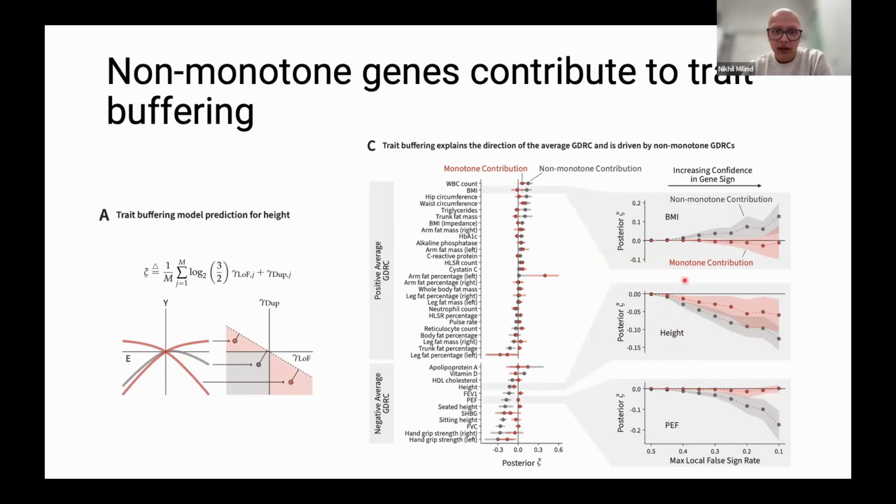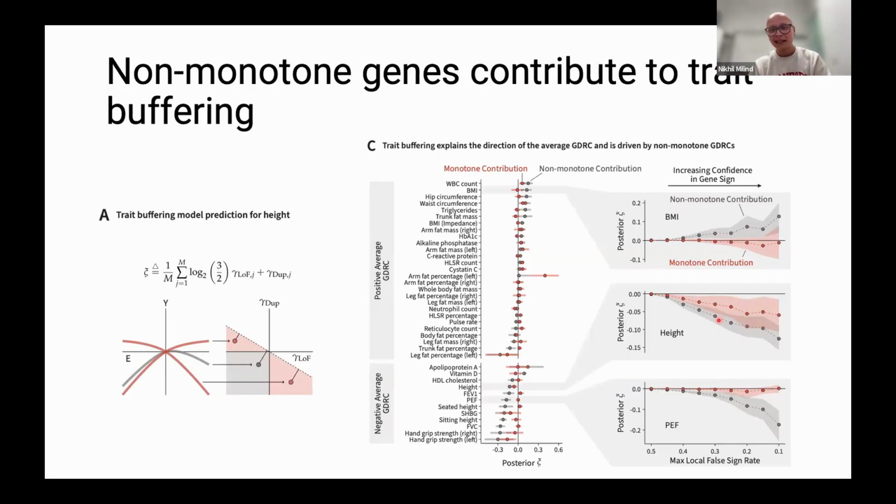So as we go along this graph, we're getting increasingly confident in the sign of the gene. And so you can just think of this as increasingly stringent significance cutoffs. And here I'm decomposing the signal into monotone and non-monotone bins. And hopefully what you can appreciate is that both non-monotone and monotone gene dosage response curves seem to contribute to this trait buffering that we observe in the data.